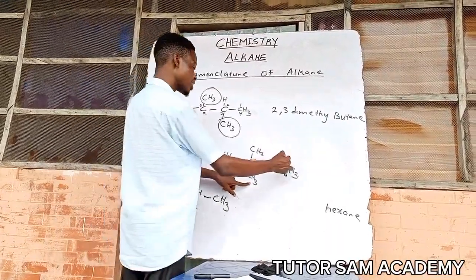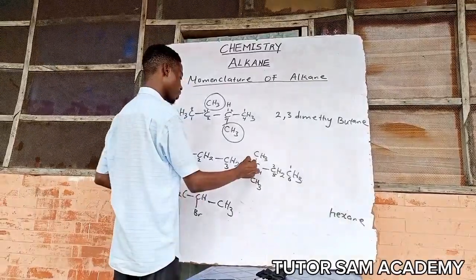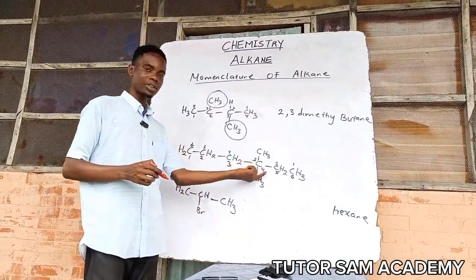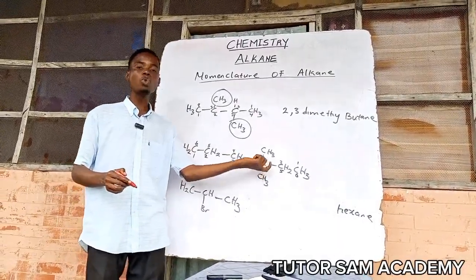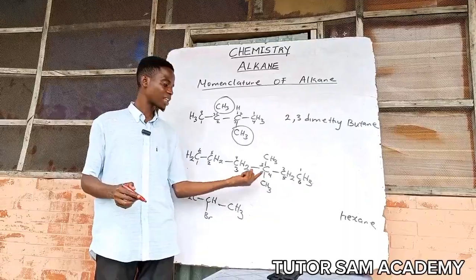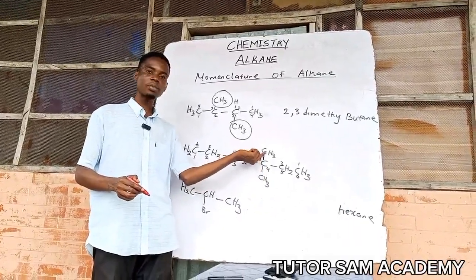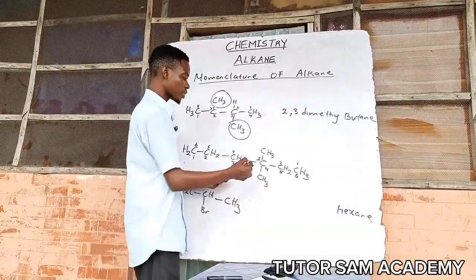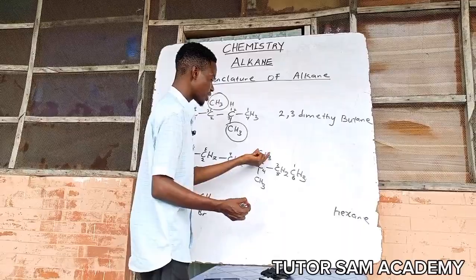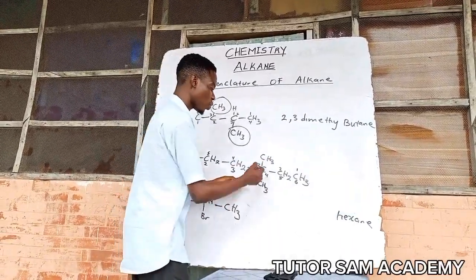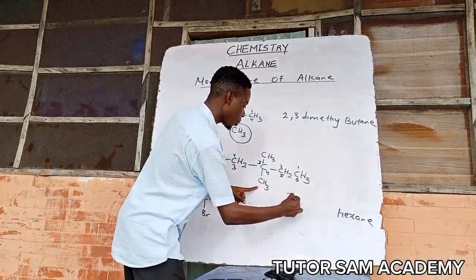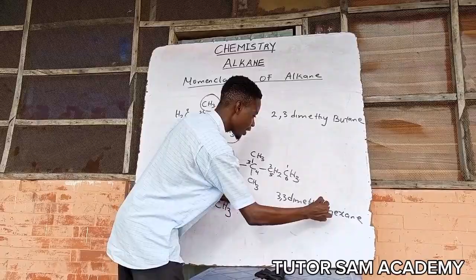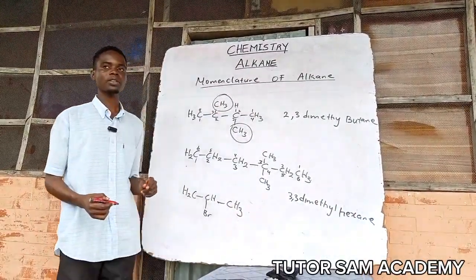But when you number from this side, 1, 2, 3, 4, 5, 6, your substituent position is on carbon 3. So we use the one with the lowest substituent position. Instead of carbon 4, I use carbon 3, because it prioritizes the substituent. So we have carbon 3 methyl, this is CH3, this is CH3. So this will be 3,3-dimethyl hexane. That's the name of that compound.